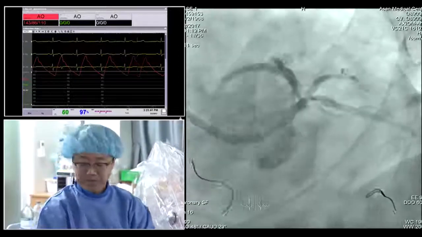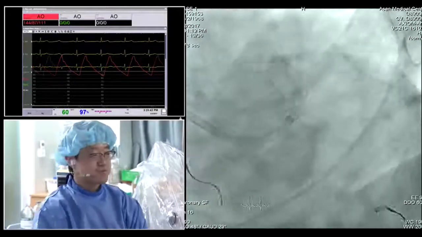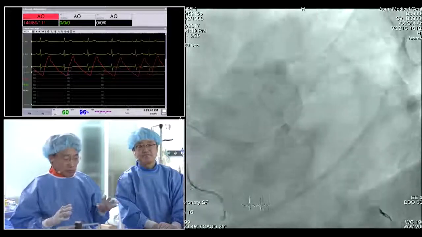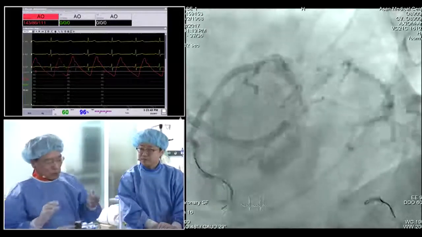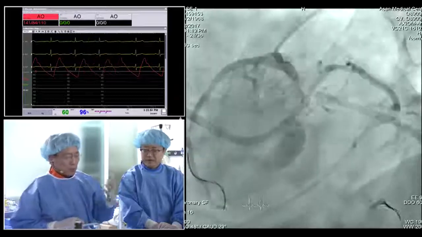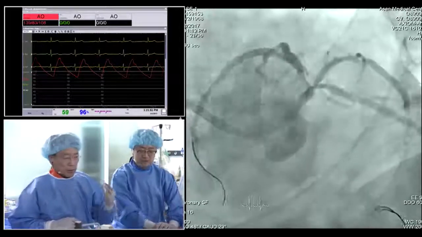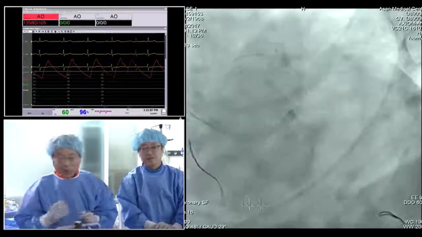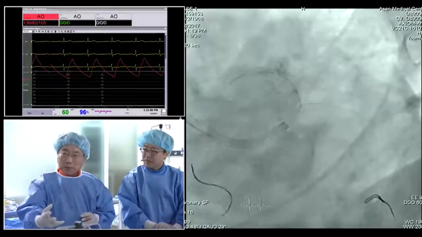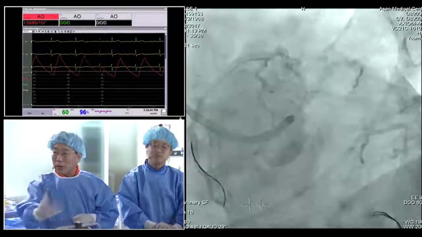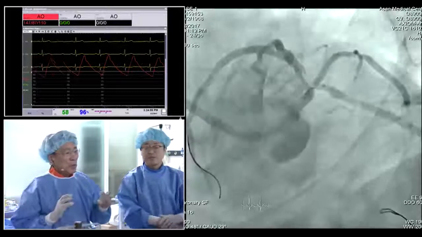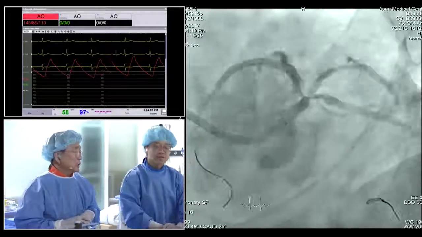Great. Based on our data, we actually have lots of different two-stent techniques: the culotte technique, as you saw, the TAP technique, the mini crush, and so on. However, it is clearly based on operator discretion, operator preference. In our lab, we are a little more familiar with the mini crush technique.